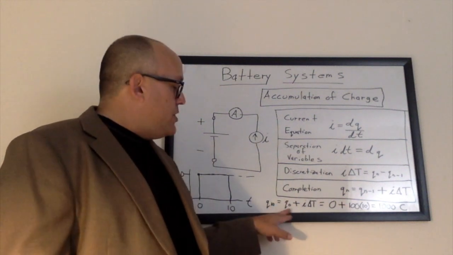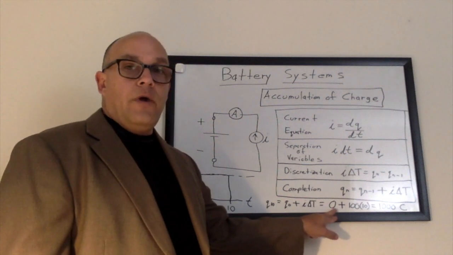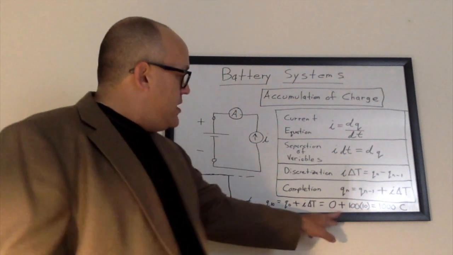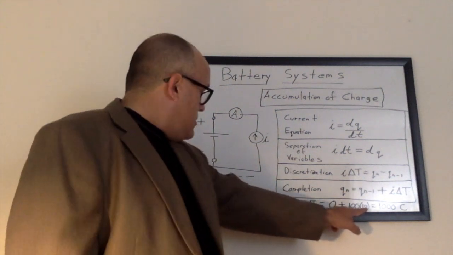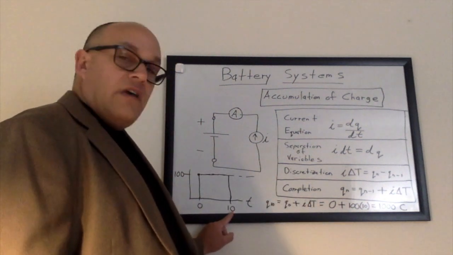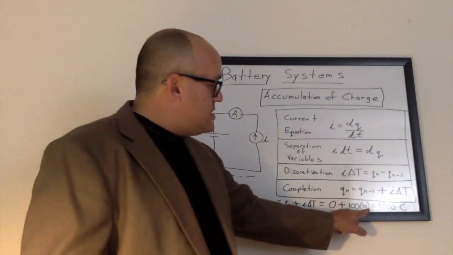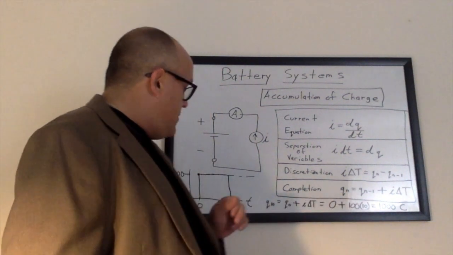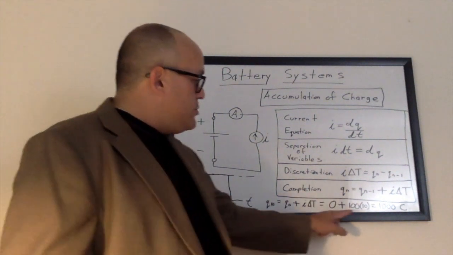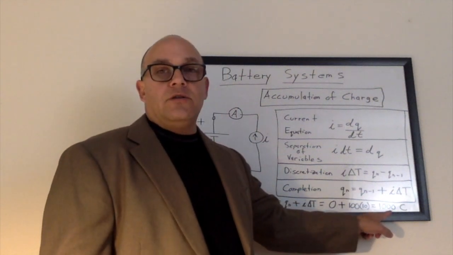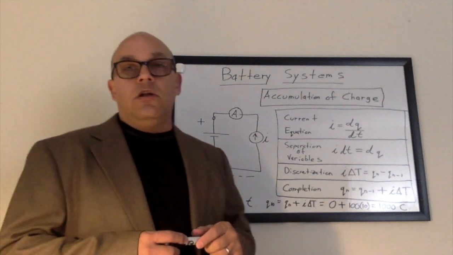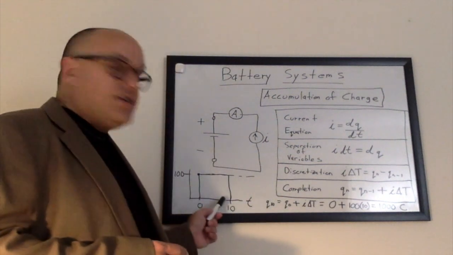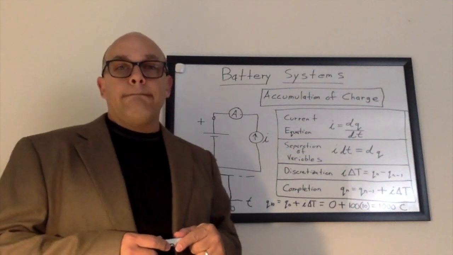But for this example, we're going to say Q0 equals 0. So 0 plus 100 amps times 10, that's the time interval, delta t. Very simple, straightforward, and that equals 1,000 coulombs. So in this particular example, we blasted 1,000 coulombs into the battery with this particular procedure.